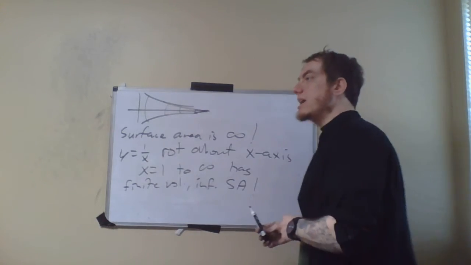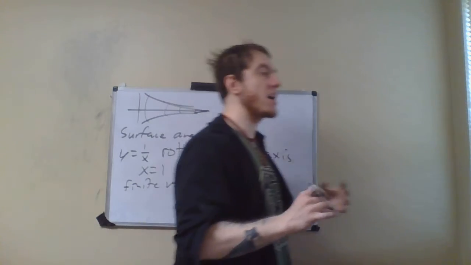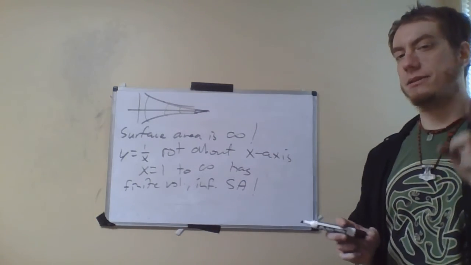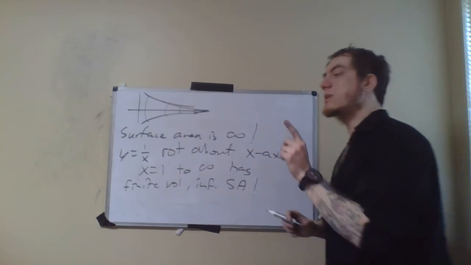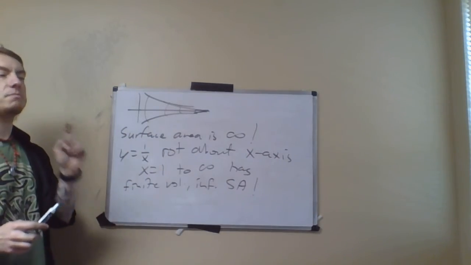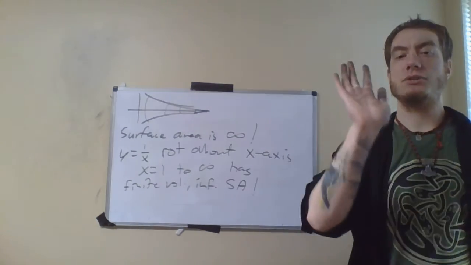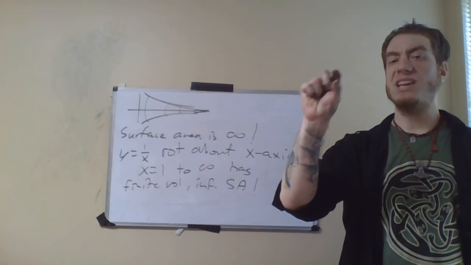Normally, when we say that you cannot cover an infinite surface area with a finite amount of paint, we are technically lying. You cannot cover an infinite surface area with a finite amount of paint if you require that the paint on the surface remain of a certain thickness.